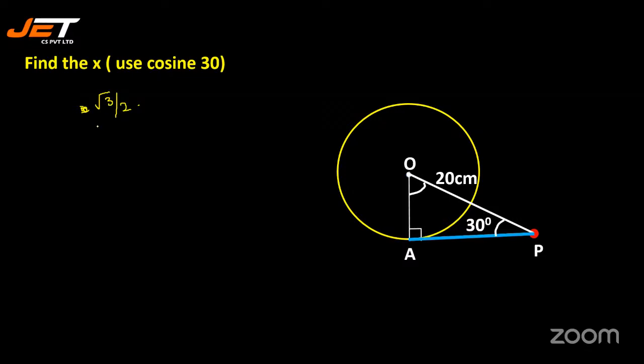So now you can actually find out 20 plus root 3 by 2.